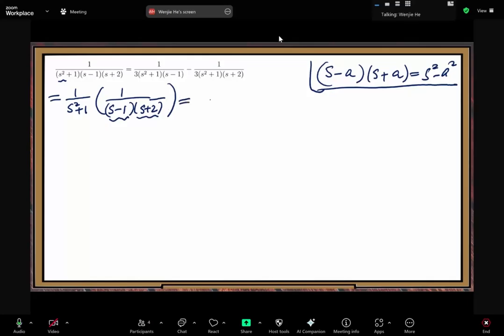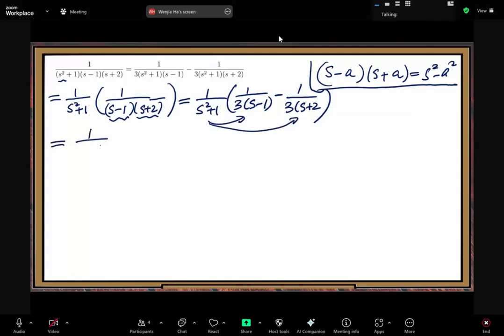So we can apply that formula. S squared plus 1, we keep it. Then the difference is 3, so 1/3 times S minus 1 minus 3 times S plus 2. Then you multiply through after it.